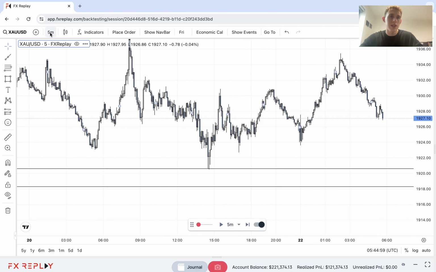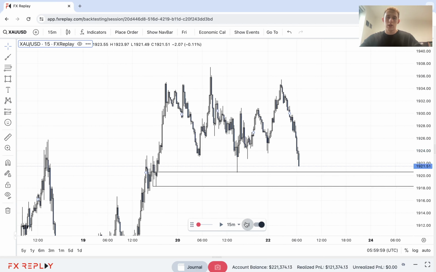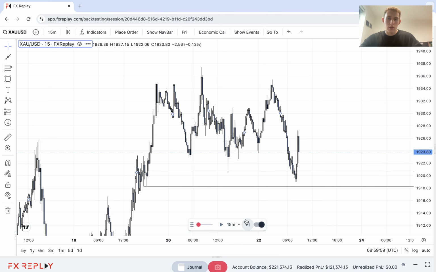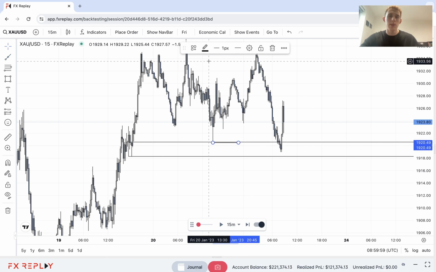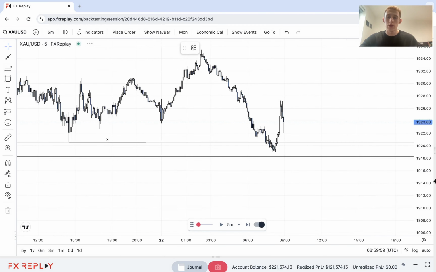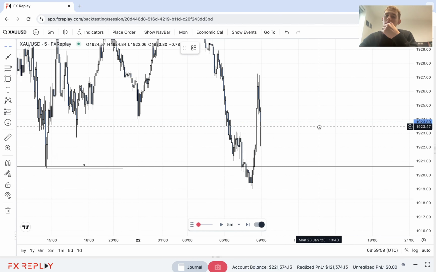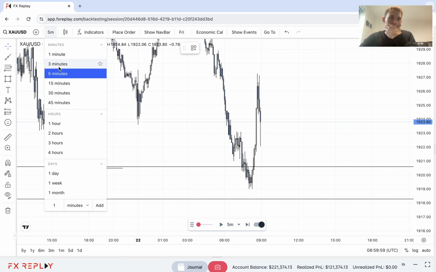So here I'm not really seeing too much for entries. We did just sweep this tap of the zone. See what the 5 minutes doing. 5 minute break of structure as well.